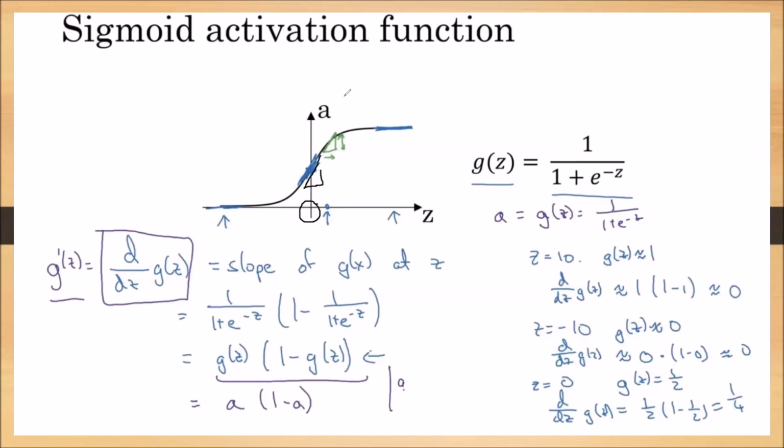If you substitute z equal to 0, the g of z is 1 by 1 plus 1. The value is 1 by 2. Now, if you substitute this 1 by 2, then at z equal to 0, we get the differentiation of this curve as 1 by 4, which indicates that at z equal to 0, we have some slope. Only the slope exists between minus 4.6 to 4.6 for the sigmoid function.